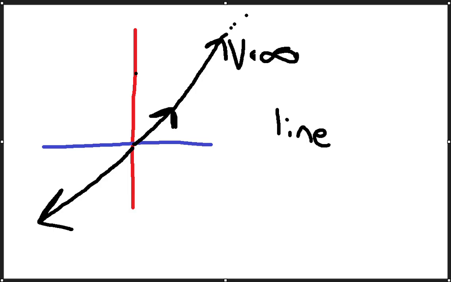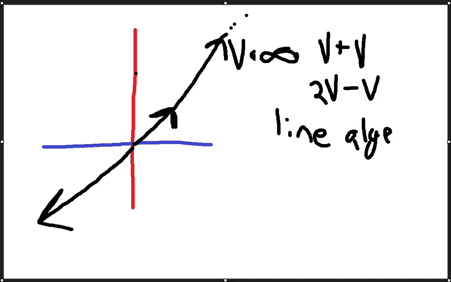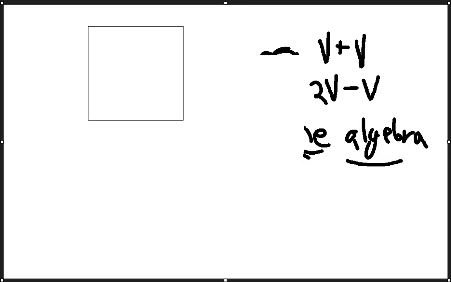Now let's say that we're doing operations on vectors, say adding v plus v, or v minus v, or 2v minus v, then that is algebra. And these terms together give us linear algebra. Linear algebra comes from the study of vectors, and the reason I call it that is because it deals with lines. But first, we have to talk about superposition.